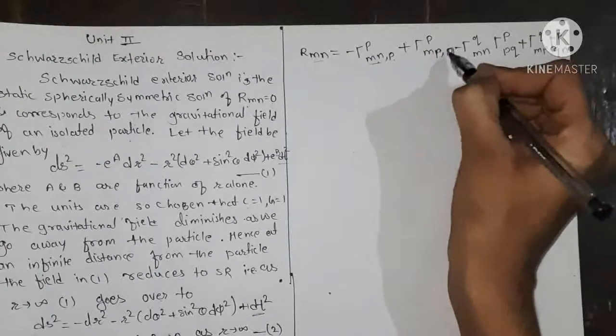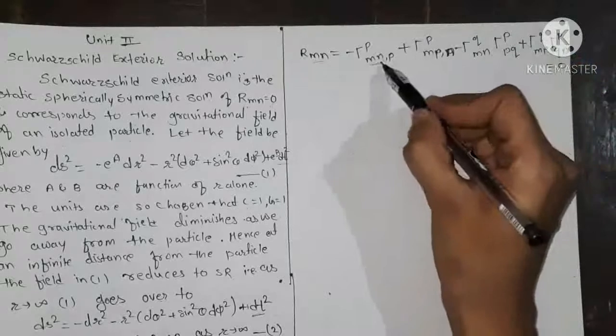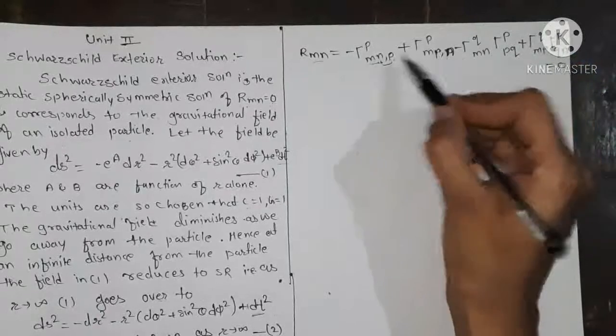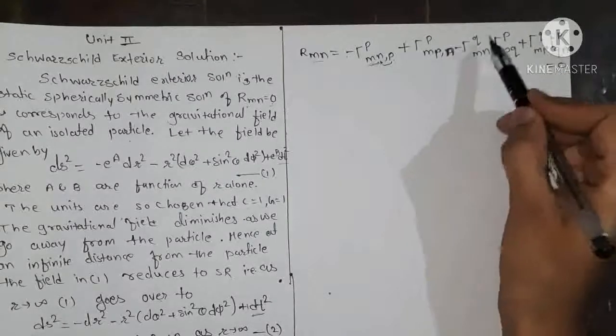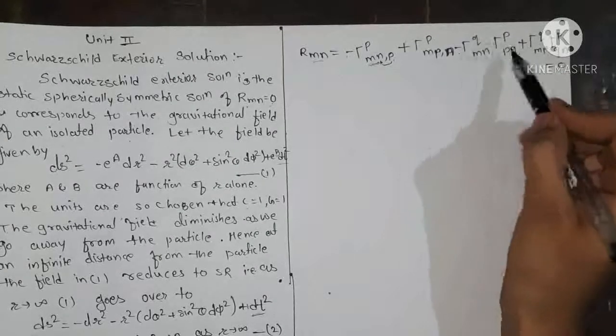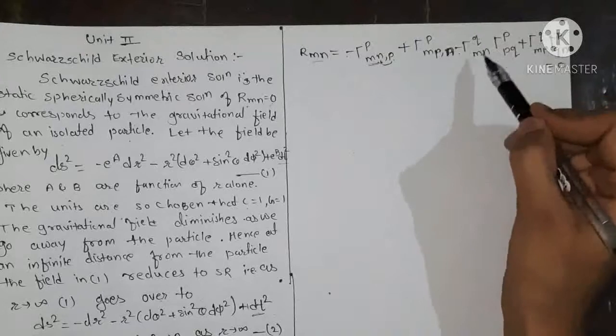When we change the order of pn here, we have the plus sign, and when it is the same order we have the minus sign: minus Γ, here taking the dummy suffix as q again, so qmn is here.